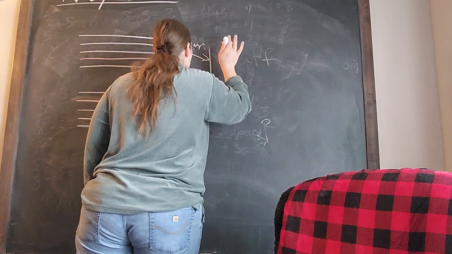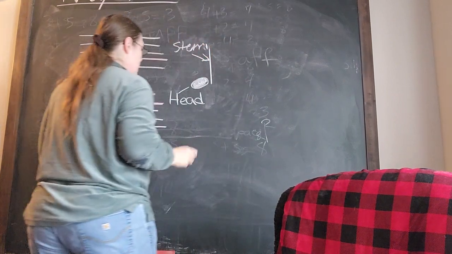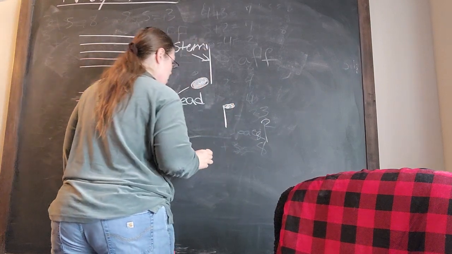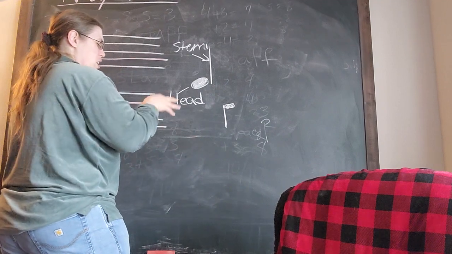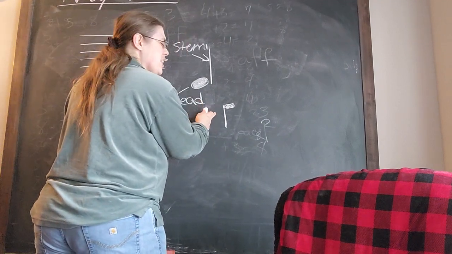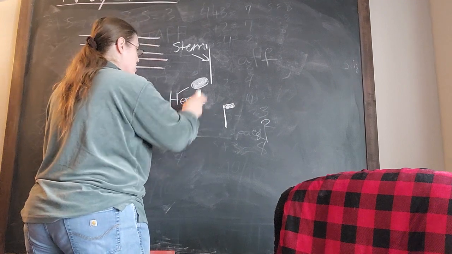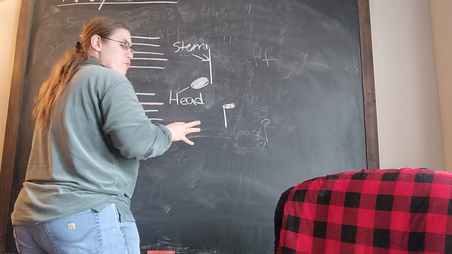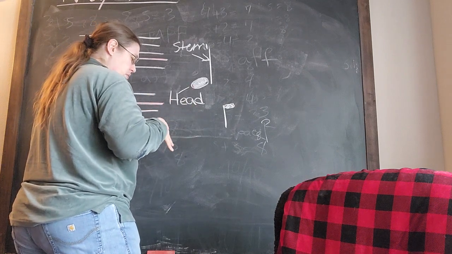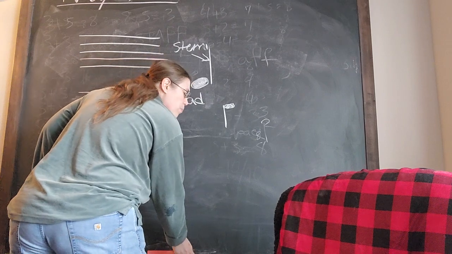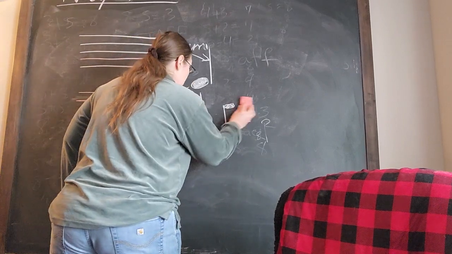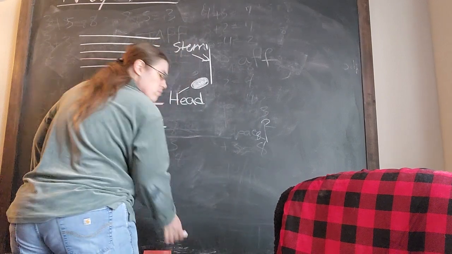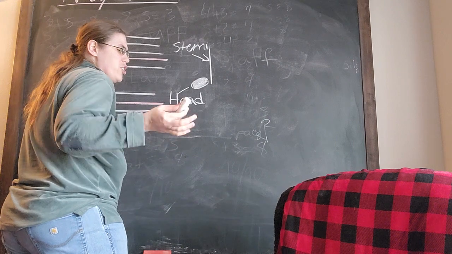And the stem can go up or down. It can be written like this, but the most important thing is when the stem goes down, it's on the left side of the head. When the stem goes up, it's on the right side of the head. The stem direction does not affect how a note is sung or played, but merely how it looks on the page to avoid notes clashing into each other.